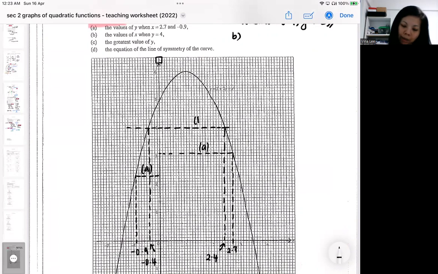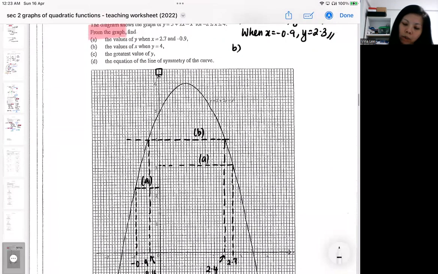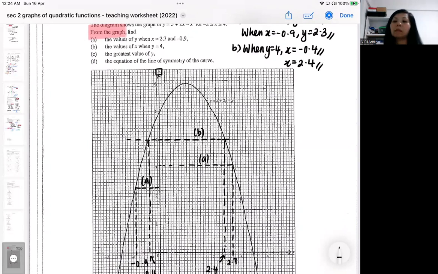So this one is my part B. I will always answer properly: when y is equal to 4, I got 2 x values, negative 0.4 and 2.4. And there are some students who never indicate with a dotted line also. The dotted line is an indication that tells people where you read off from the graph. If not, nobody will know.